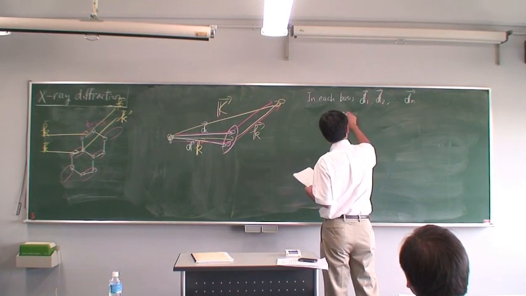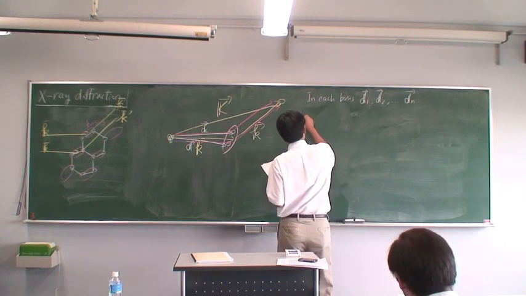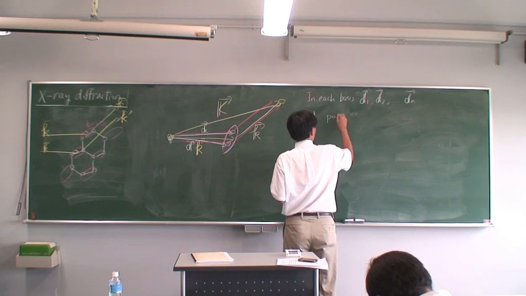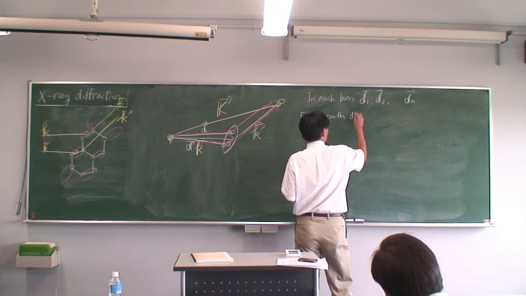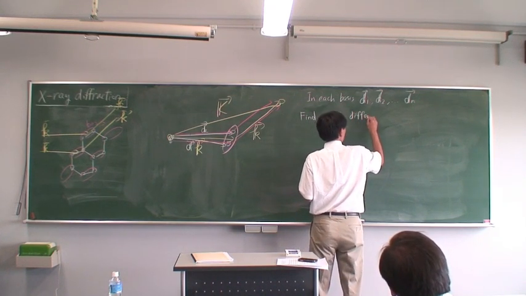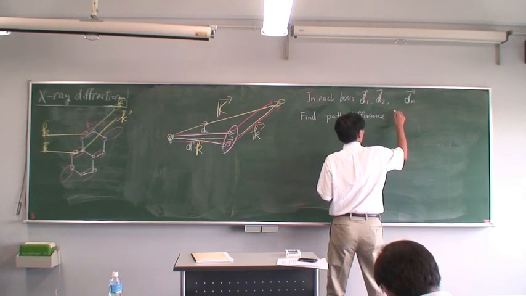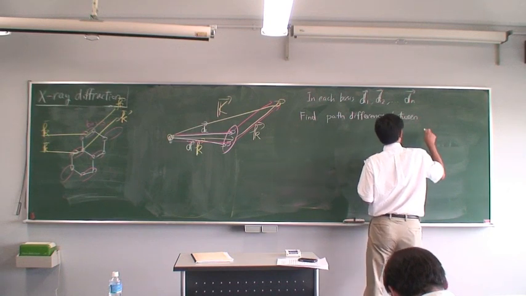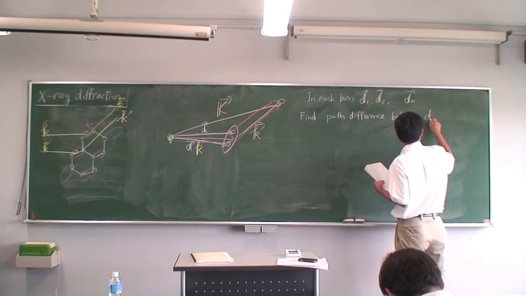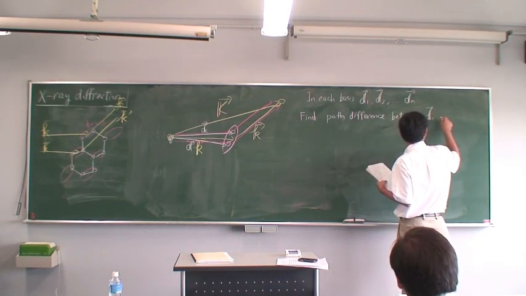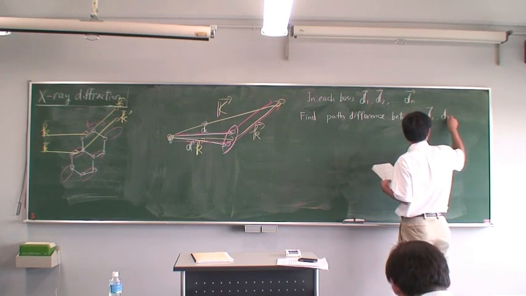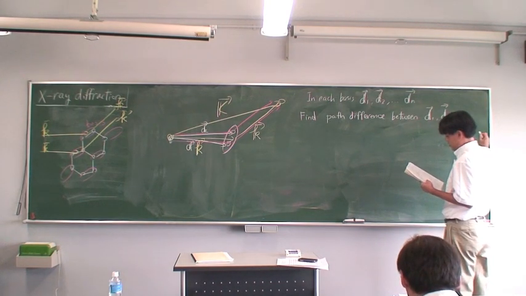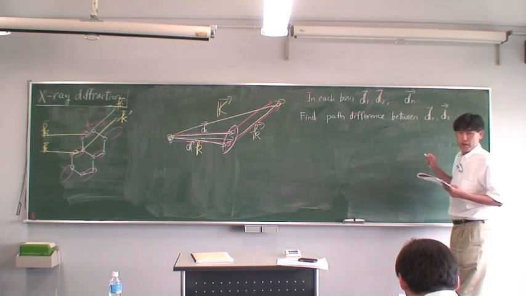So we need to find the path difference between D1, D2, and so on, right?